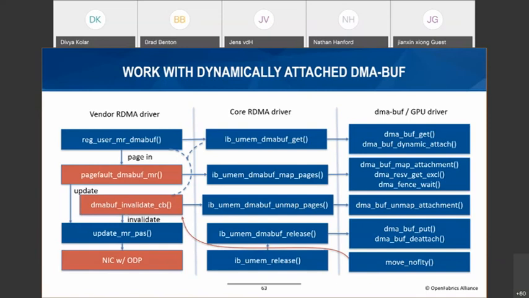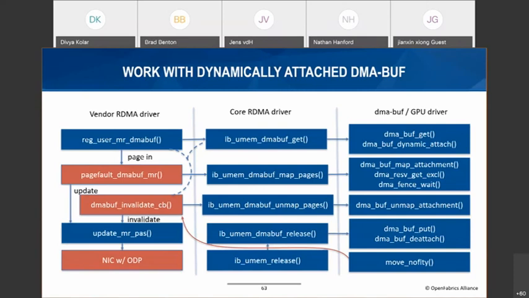And there's another utility function for unmapping these pages and releasing the DMA-BUF, and the general umem release function will call that one to handle the situation specifically for DMA-BUF. The right-hand side is the related DMA-BUF operations defined by the DMA-BUF API.